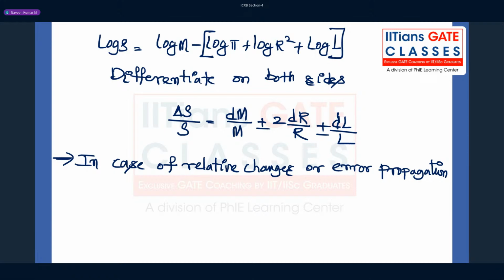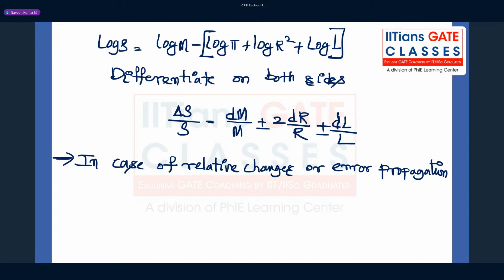The signs will depend upon the context in which the formula is being used, right? The negative sign when mass is increasing, the positive sign when the mass is reducing, but relatively both can be used, right? So to avoid the discrepancy, as we are not discussing a single case, we are talking about the cumulative or relative uncertainty, right?